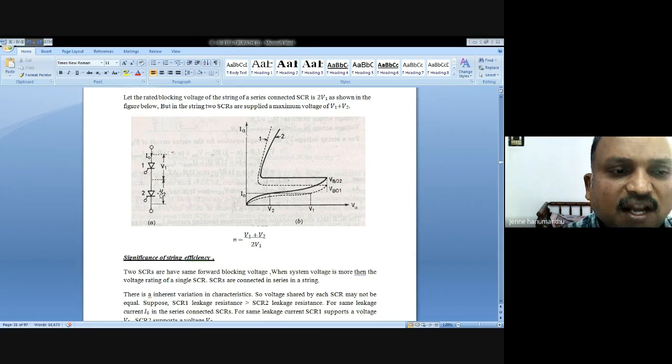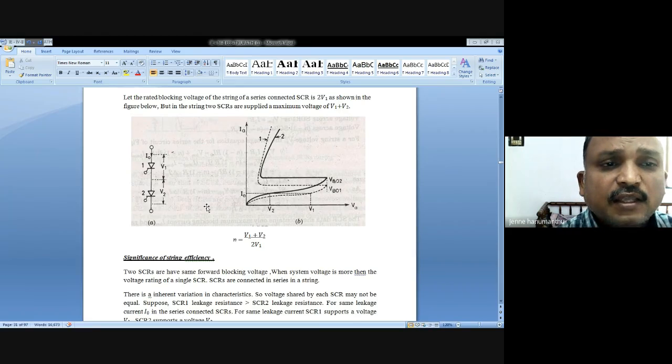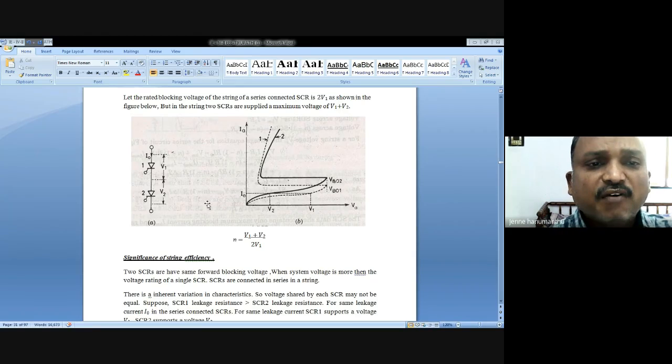The current flowing through is I naught. But what is our main aim? Our main aim is to develop more voltage across the thyristors. That means we want to add V1 and V2, and that sum should be more.